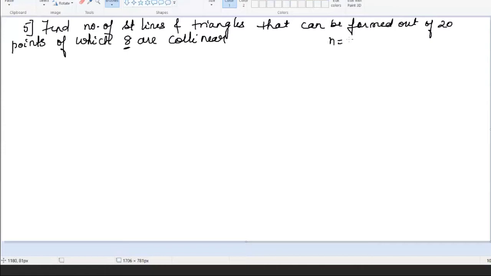N is given 20. K is given 8. What is the formula for straight lines? So straight lines, let me just write the formula first and then quickly proceed. It is nC2 minus kC2 plus 1. Then for triangles, what is the formula? nC3 minus kC3. So quickly write the answer.